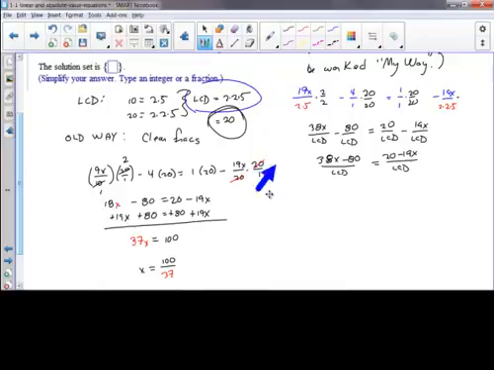But now, once you got that, this or this. See, I would skip that first step and just go right to the second step.